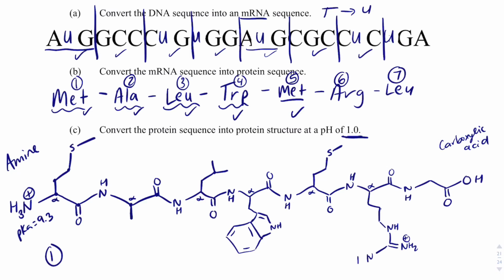And we have another NH2 group. Okay, arginine does have a side chain pKa, and the pKa of this NH2 group is 12.5. And what that means is that one of these hydrogens comes off if the pH is above 12.5. Our pH is at 1, so that H stays put. We don't need to take it off.